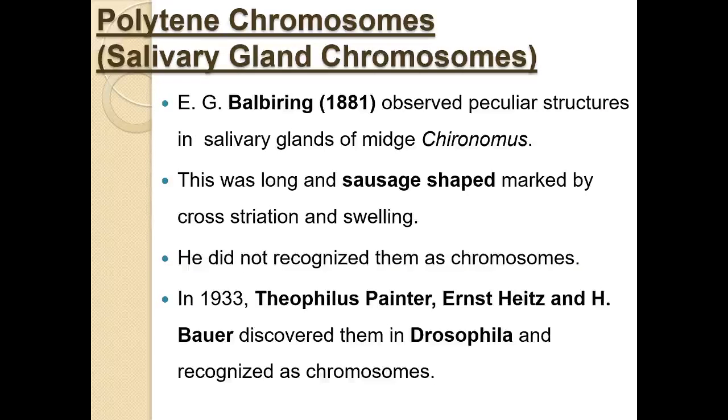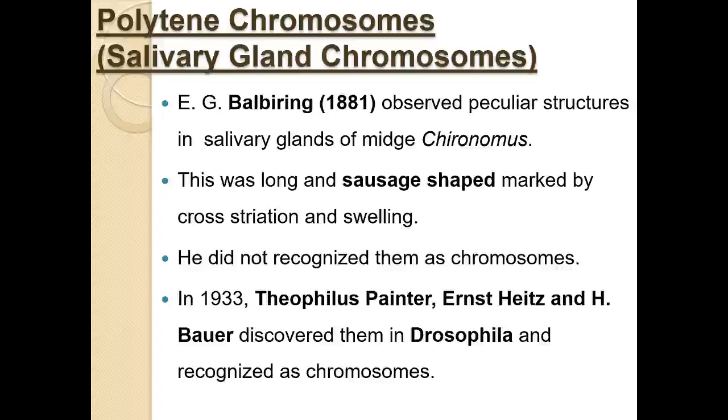It is also called the salivary gland chromosome because it was first found in the salivary gland of the Chironomus larva. The Italian cytologist E.G. Balbiani in 1881 observed a peculiar structure in the salivary gland of the midge Chironomus, a long sausage-shaped body marked by cross striations and swellings.